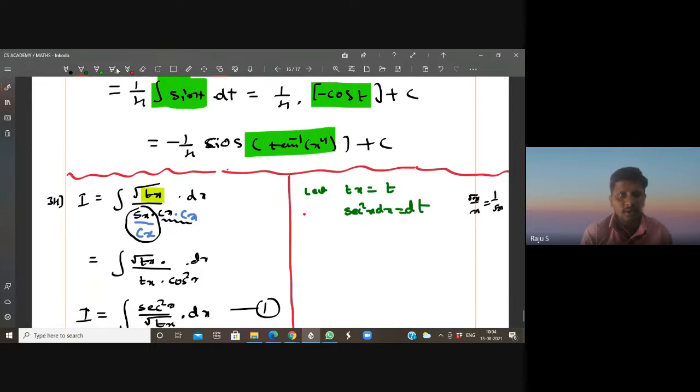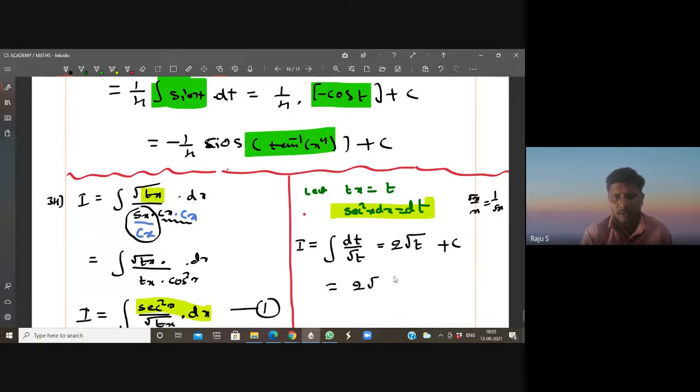See here, the numerator secant square x dx becomes dt, and in root tan x, tan x becomes t, so we get dt by root t. So what is the formula for 1 by root x dx? It is 2 root x, so this is 2 root t. Yeah, you can write directly, no problem. Okay, 2 into root tan x.